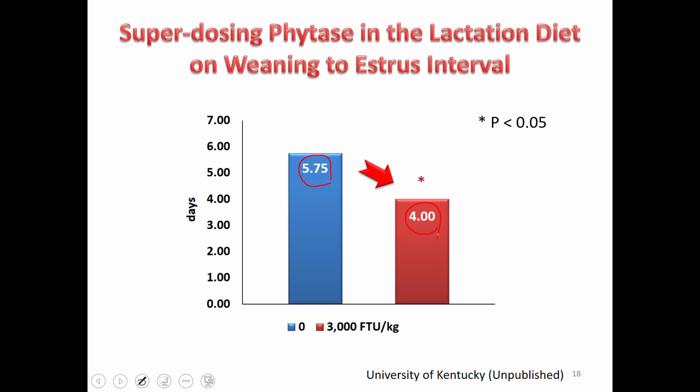The mode of action is not clear, but phytase supplementation could increase phosphorus digestibility and other nutrient digestibility, and also the reduced anti-nutrient effect of phytate could affect sow health condition, so that it could reduce weaning to estrus interval.